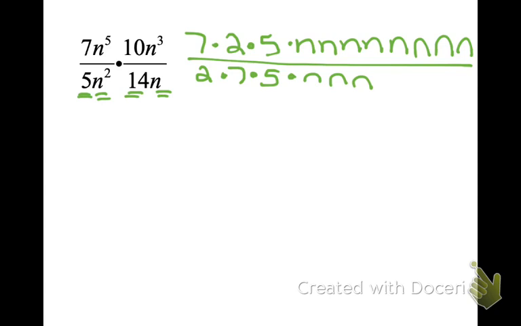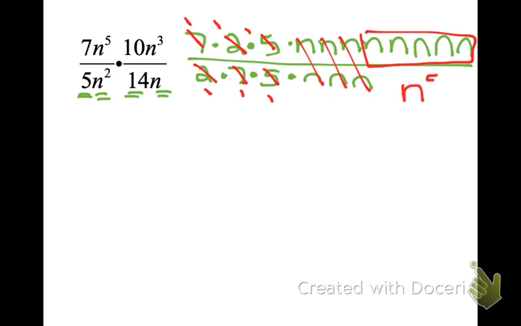Now 2 goes into 2 once. We're going to start simplifying. 7s can cancel out, the 5s cancel out, and then we have 3 sets of n's that are going to cancel. So we're left with n to the 5th as our final answer.